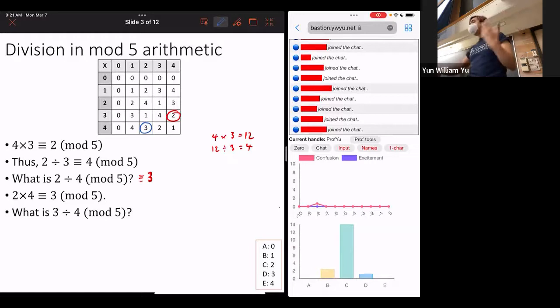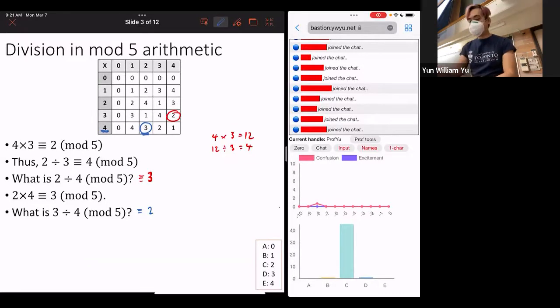Okay, yeah, that's exactly right. We're just reversing things, right? So this is equivalent to 2 because you're just reversing things. So if you had 4 divided by 3, that gives you 2. So one way of looking at it is if you have a multiplication table, when you're doing division, you can just look to see what row or column.